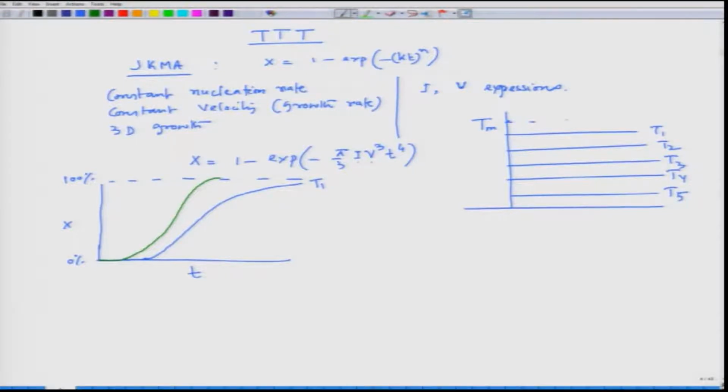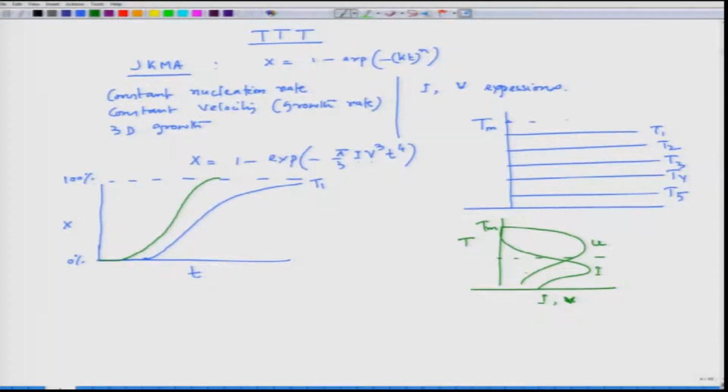Now, as we go to T3, it's still in the regime. For example, if we try to plot I and V, which is the growth velocity, this is Tm, growth rate values like this, nucleation rate values like this, this is I, this is V. I can see as we are going towards around T3, we are getting to this zone.